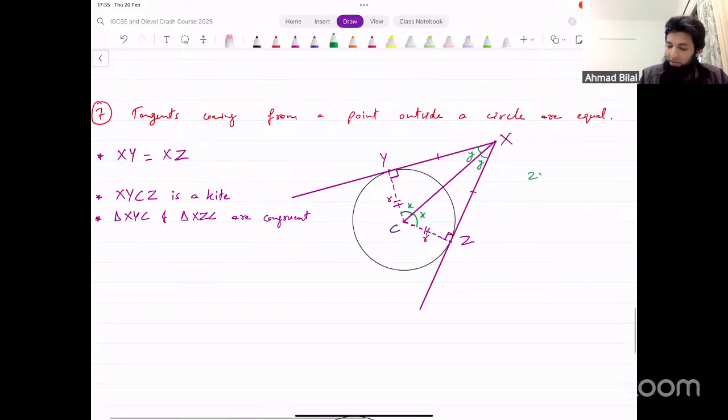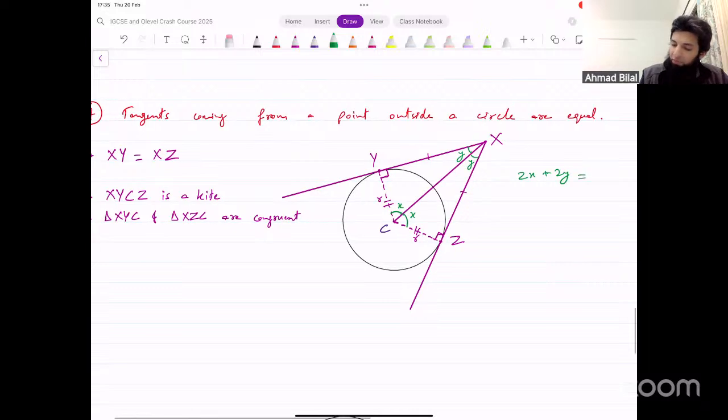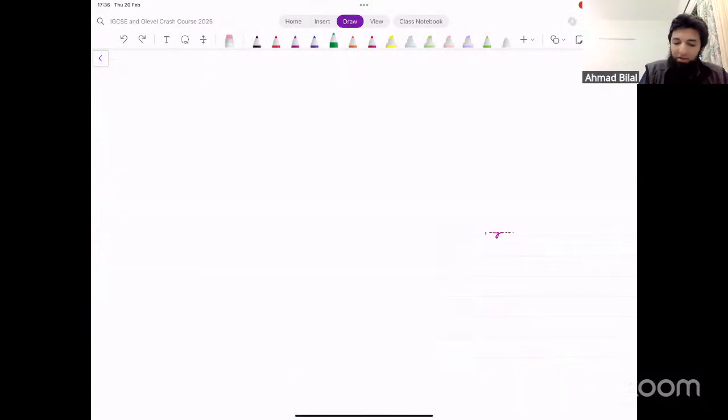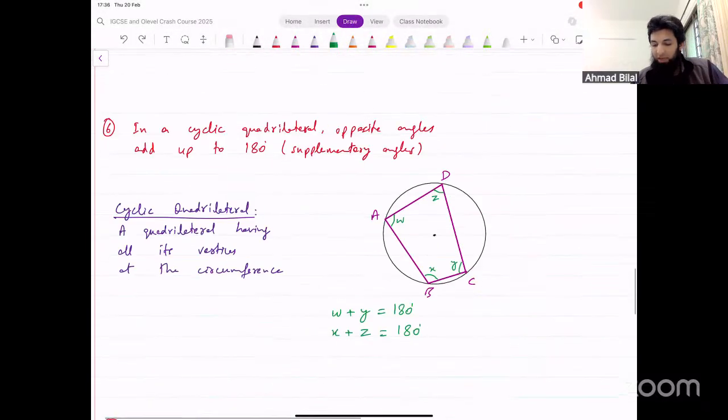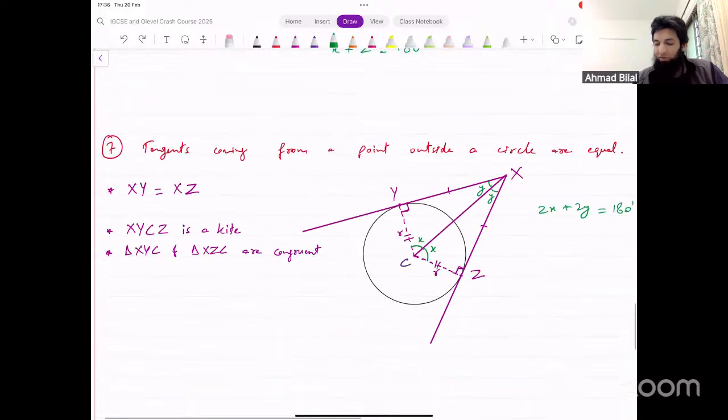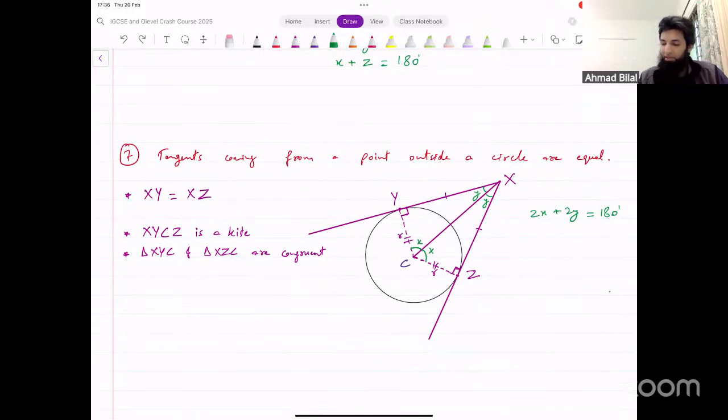So you can say 2x plus 2y adds up to 180, because these are 90. The sum of all angles has to be 360 here. A kite is a quadrilateral that has 360 degrees total angle. If these two are 90, their sum is 180, so the sum of the other two angles is also going to be 180. That's this property of the kite.